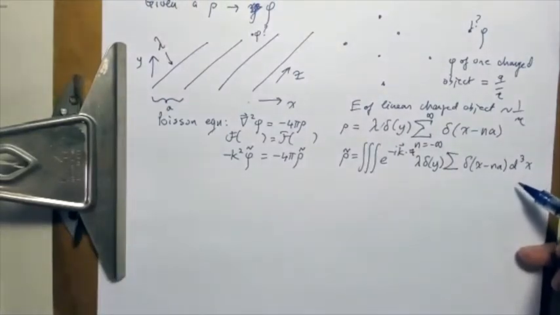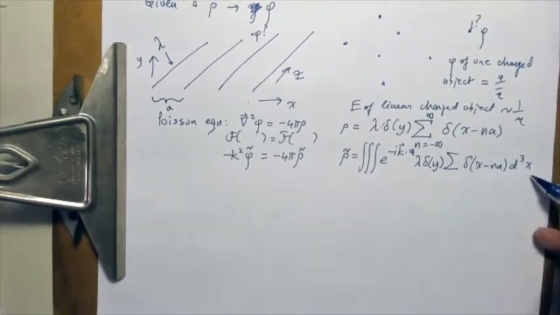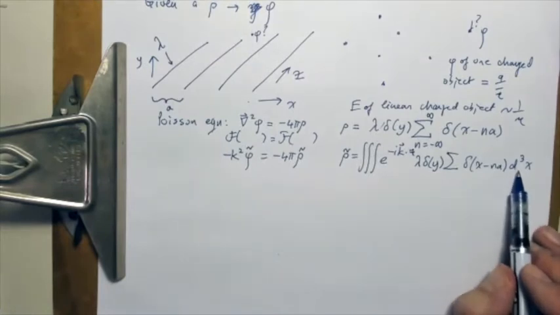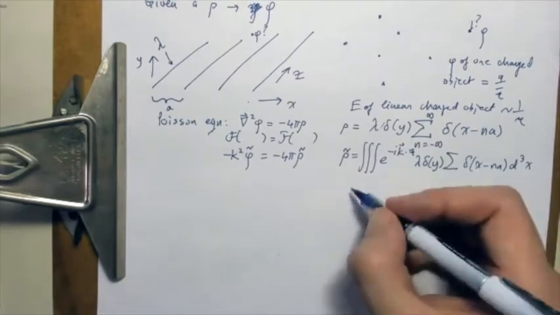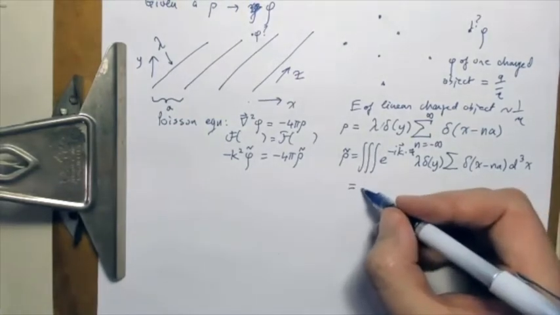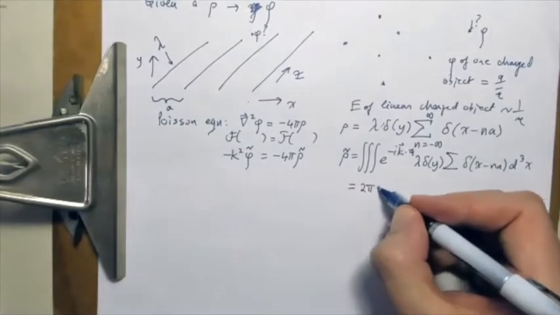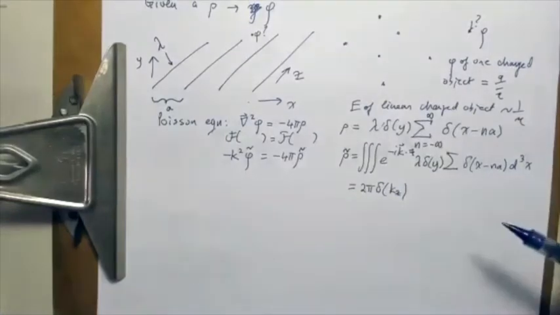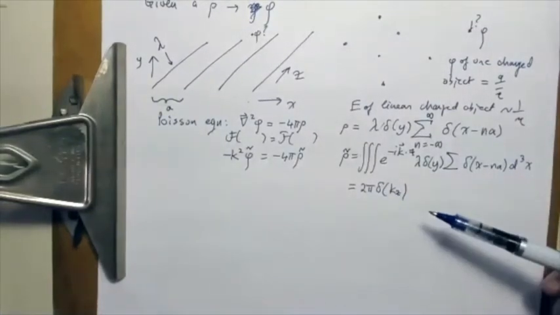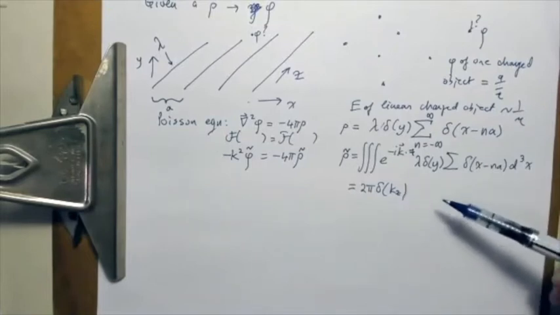The first thing we should notice is that we don't really have a z component. So when we do our integral over z, we end up with 2 pi delta of k z. Don't worry about that too much. If we started this as a 2D problem, we would not have worried about this.